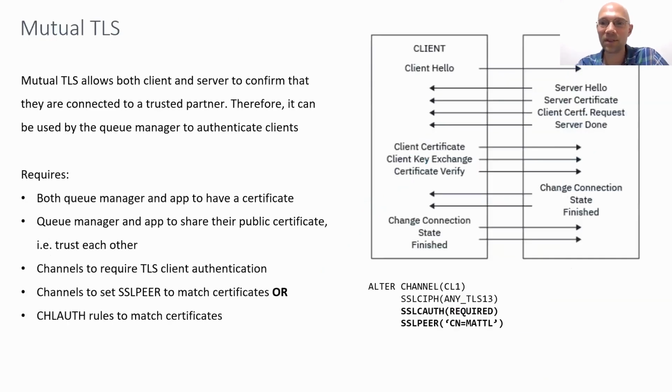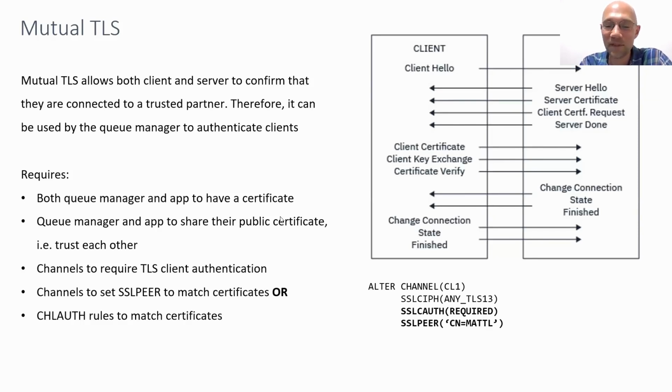So moving on to another feature that MQ has that lets you do authentication, which is TLS. You're probably all familiar with the fact that TLS does encryption, and as I mentioned, TLS also does authentication when it's configured to do so. So the server, in this case the queue manager, will always provide a certificate when a client or another queue manager makes a TLS connection to it, but that client can also provide a certificate.